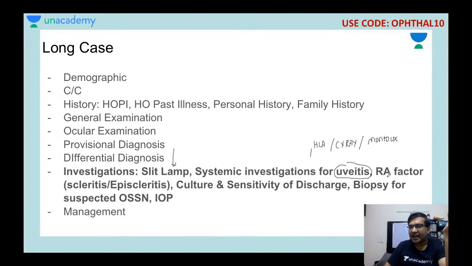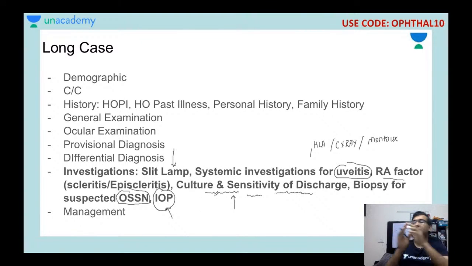If there is scleritis, you would ask for the RA factor. If there is a discharge and you are thinking about a bacterial pathology, you would go with the conjunctival culture and sensitivity of the discharge. If you are feeling any mass like an ocular surface squamous neoplasia, you would go with a biopsy of the lesion. If you are thinking about glaucoma or uveitis, you also have to take the intraocular pressure.